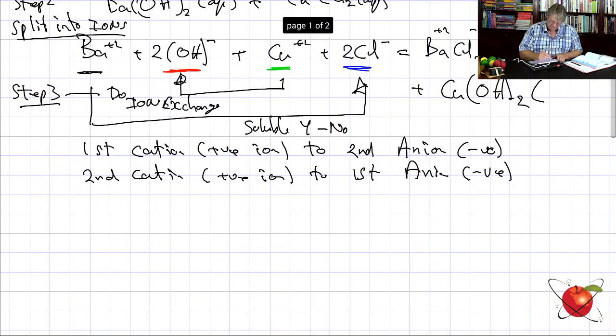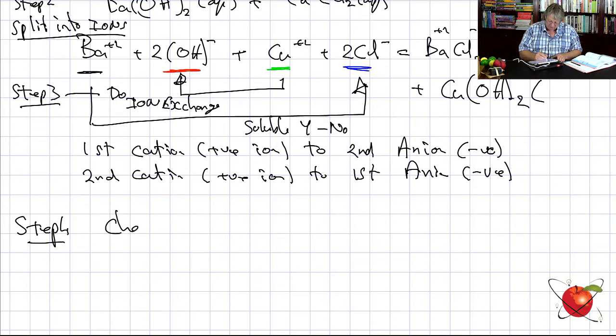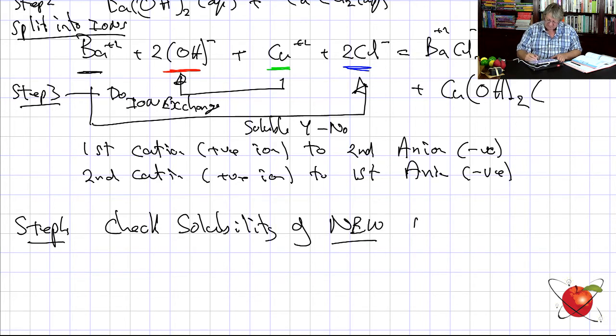Okay, step 4, check solubility of the new pair of ions, right? So the first ion was soluble, right?